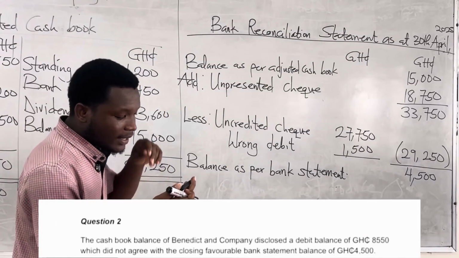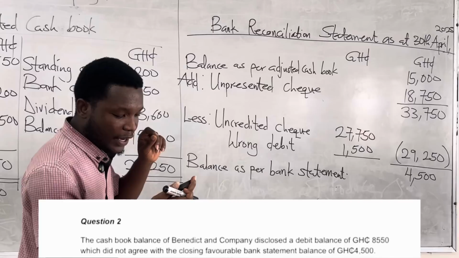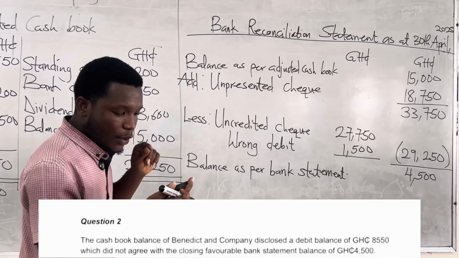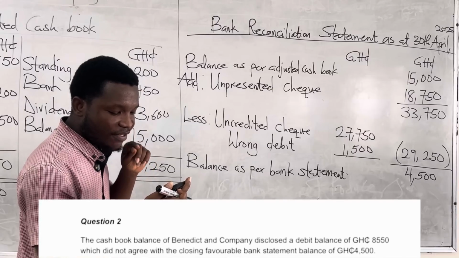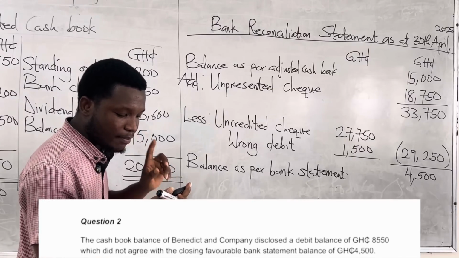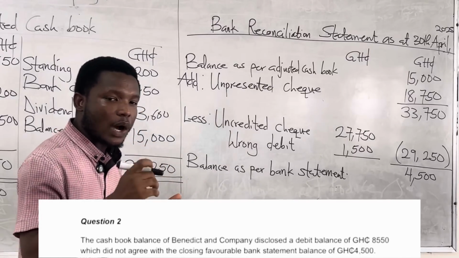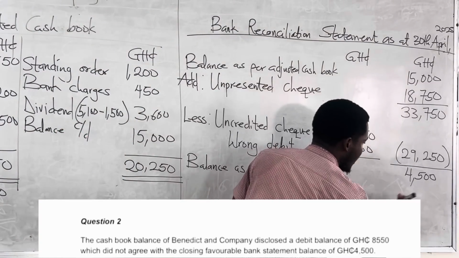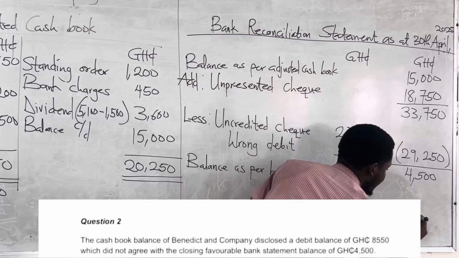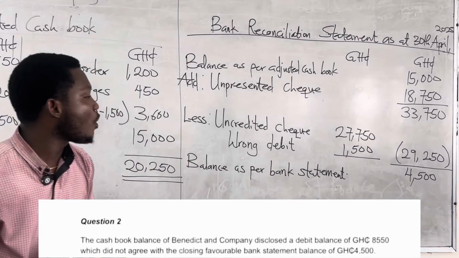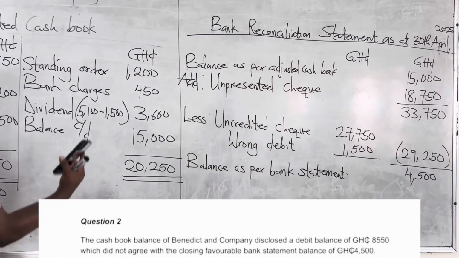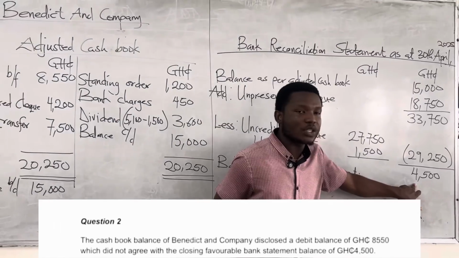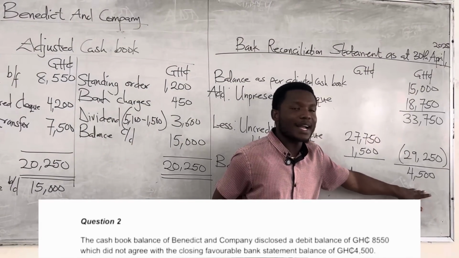The question says the cash book balance of Benedict and Company disclosed a debit balance of 8,550, which did not agree with the closing favorable bank statement balance of 4,500. And we are having 4,500. So it means we have corrected all the errors and adjusted our cash book. It's true that this is the money that we have in our bank account right now.